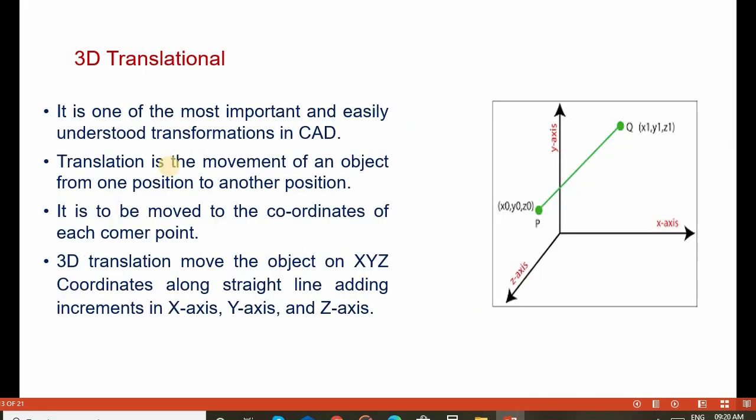Now, 3D translation. It is one of the most important and easily understood transformations in a CAD system. Translation is a movement of an object from one position to another position.